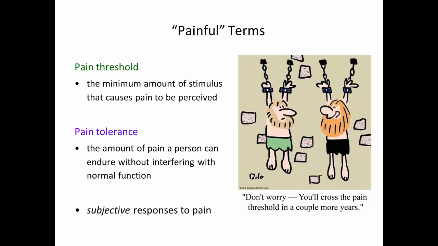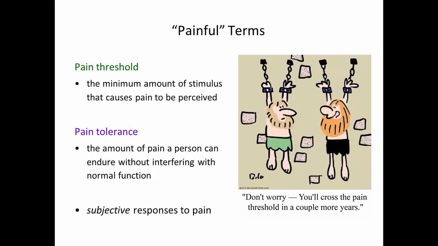Some other important concepts about pain is our pain threshold, which is the minimum amount of a stimulus that causes us to perceive pain. So remember that pain is subjective. It has both physiological components, because there's an actual substance that is reacting to tissue damage, but it also has a psychological component to it too, which makes it subjective.